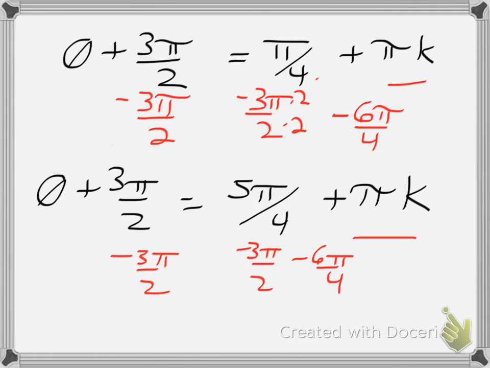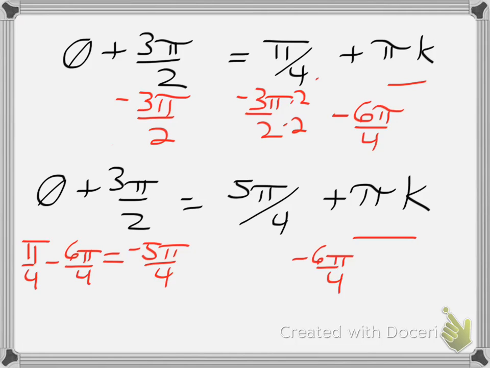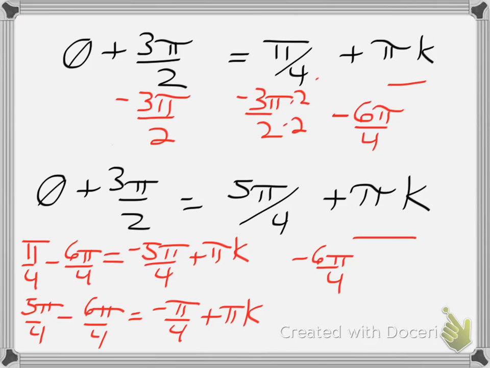So, when I subtract pi over 4 minus 6 pi over 4, I'm left with negative 5 pi over 4, still plus my pi k. When I subtract 5 pi over 4 minus 6 pi over 4, I'll get negative pi over 4 plus pi k.